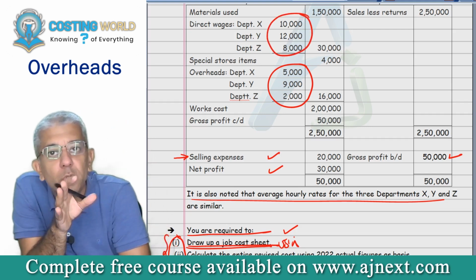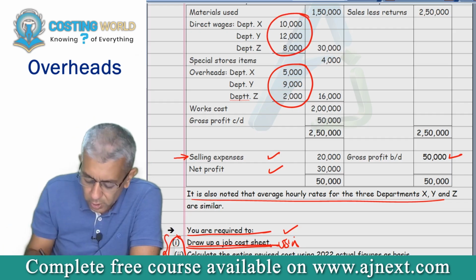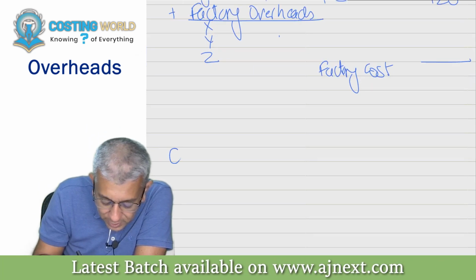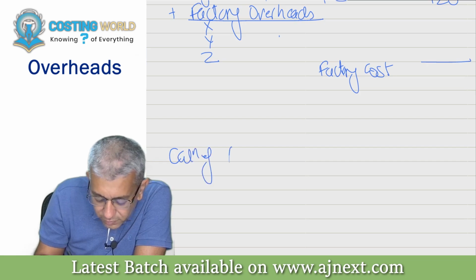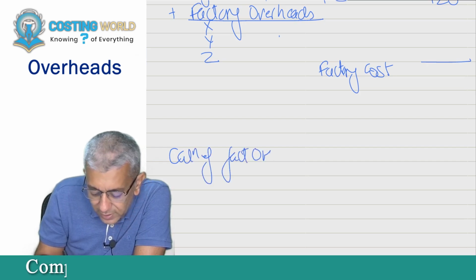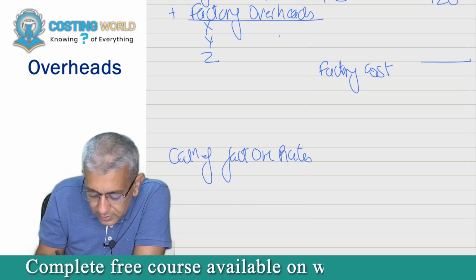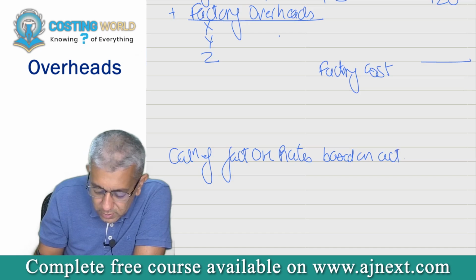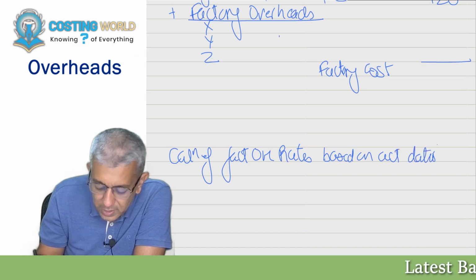From here you work out your rates. So do one thing: leave approximately 6 lines and then write down calculation of factory overhead rates based on actual data.